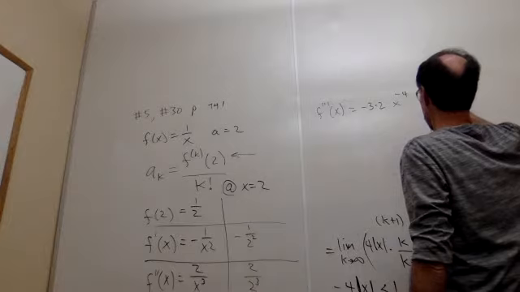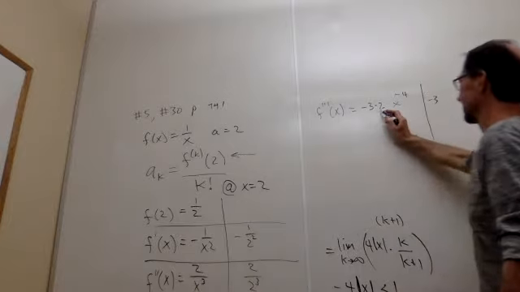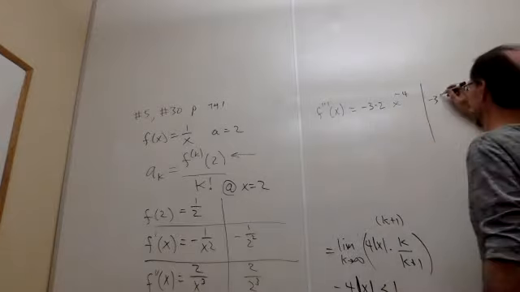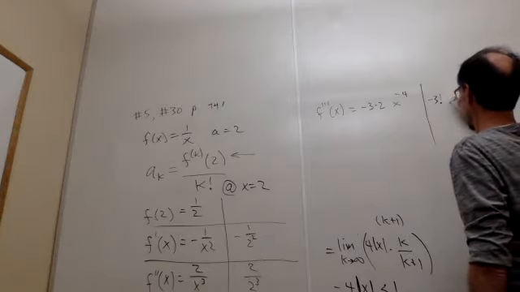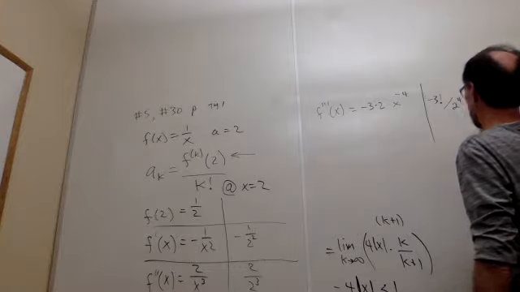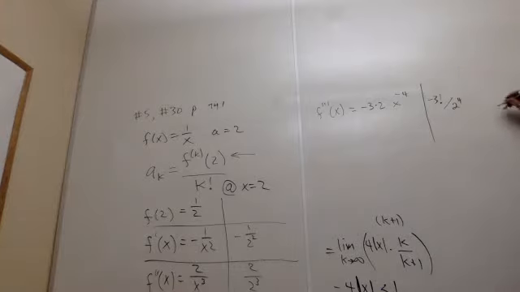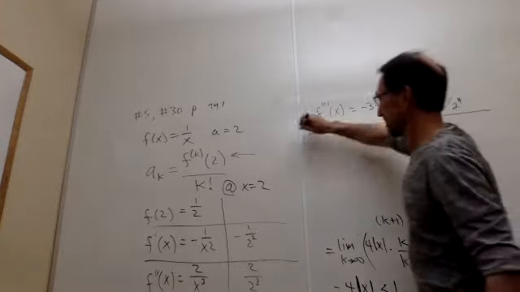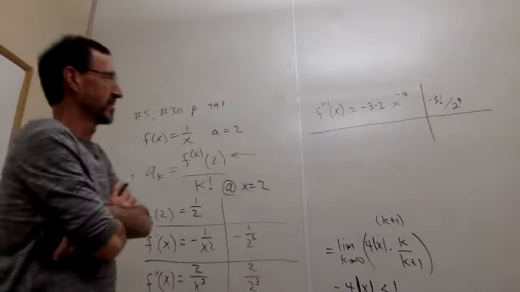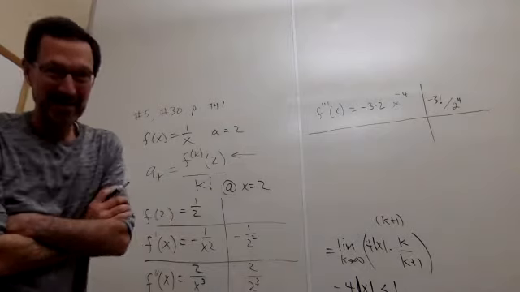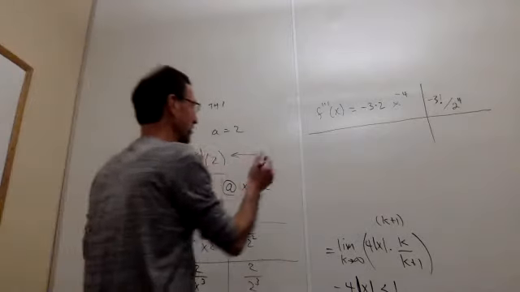So we get negative, I think I see a factorial showing up there. And then we have over 2 to the 4th. Okay? All right. I think one more will have it.